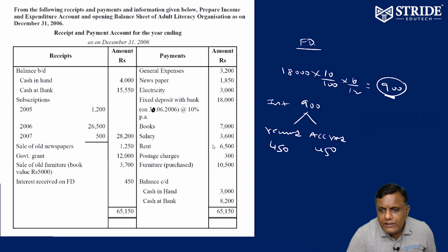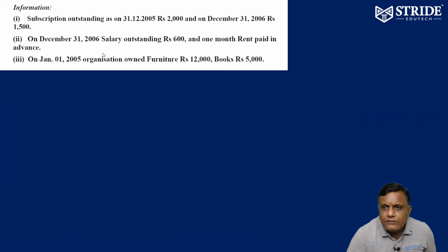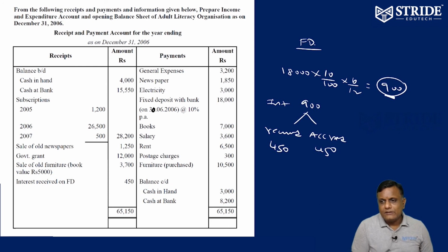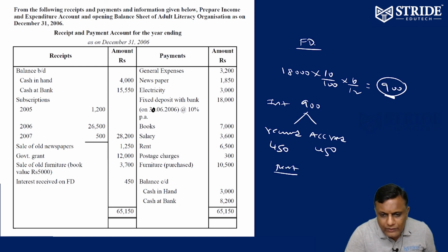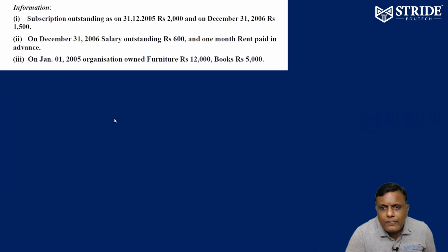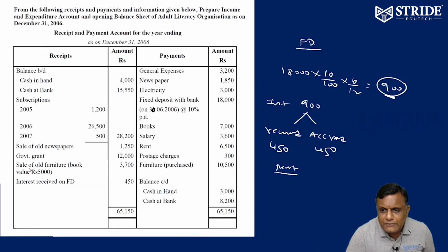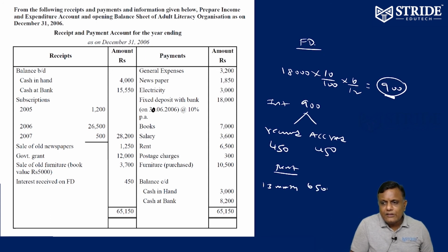Next, rent paid how much? 6,500. Outstanding rent how much? 1 month rent paid in advance. So there is a calculation part for rent, there is a clue available. 1 month rent paid in advance, which means 13 months rent I paid, equivalent to 6,500.